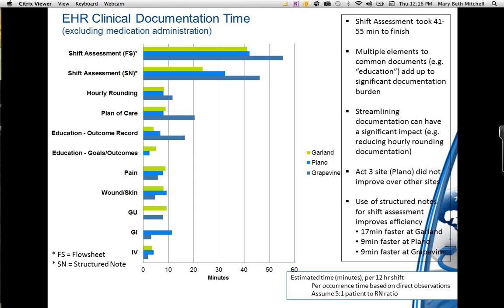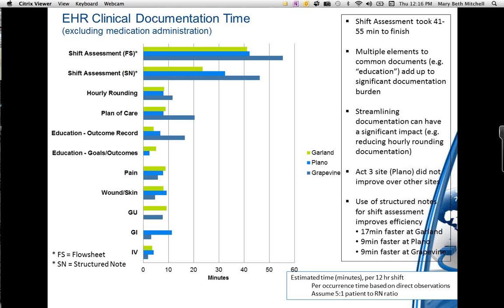So you'll see in this example that we began to observe that one way the nurses can document in our system is they can use something called the shift assessment, which is more of a structured note, or we've also given them the option of using a flow sheet. You can see from these results as an example that when they use the structured note, the time that it takes them to complete a shift assessment was significantly less than when they use the flow sheet.